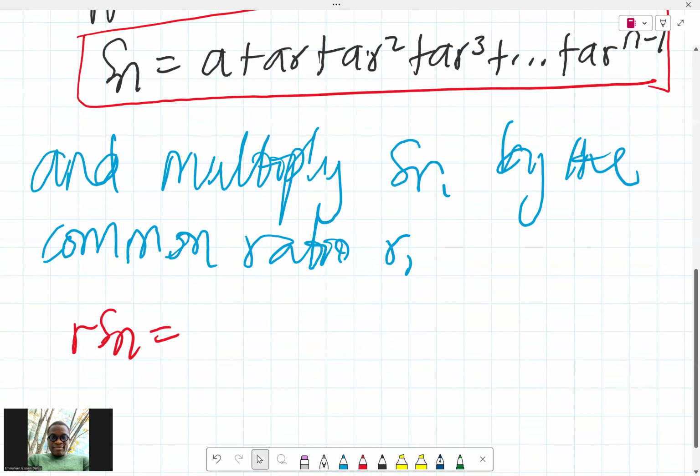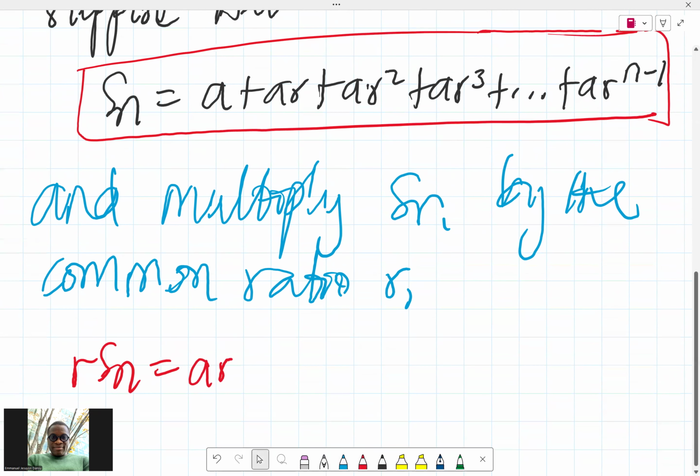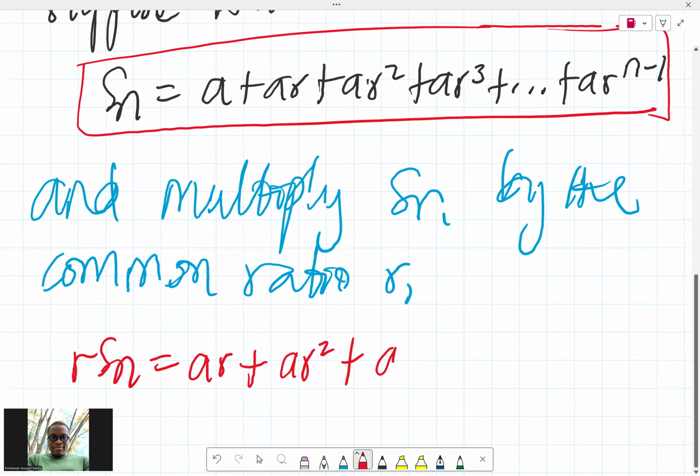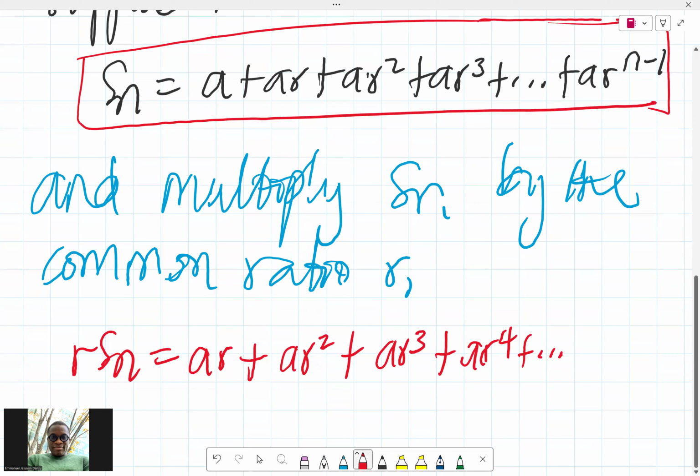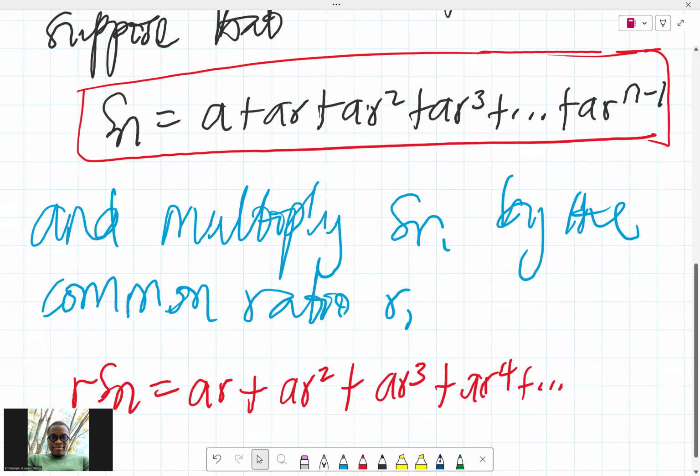So each term is multiplied by R. A times R is now AR. So it shifts it, like you now have the next term. So you have AR plus, instead of AR you now have AR squared. Instead of AR squared, you have AR cubed. Instead of AR cubed, you have AR raised to power 4, and that keeps going until, instead of AR raised to power n minus 1, you have AR raised to power n.